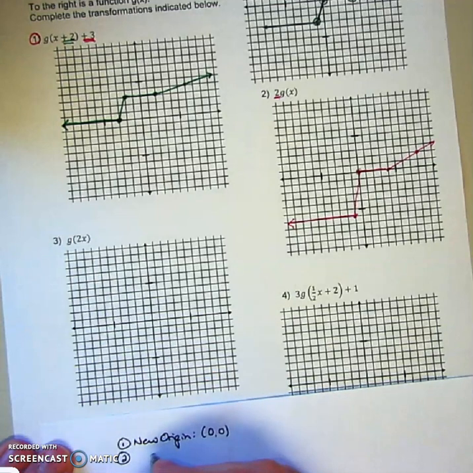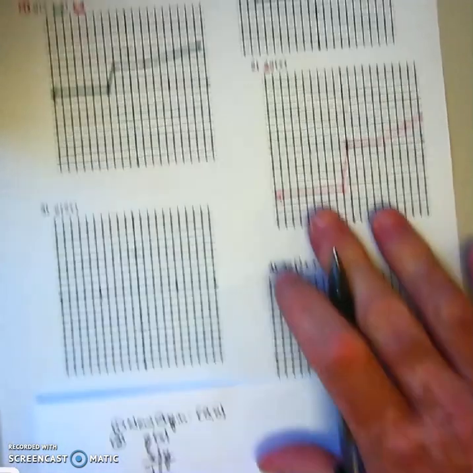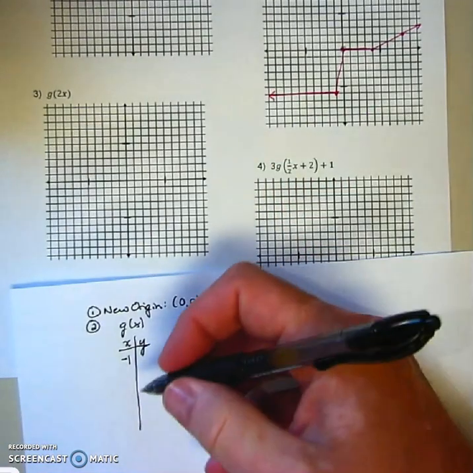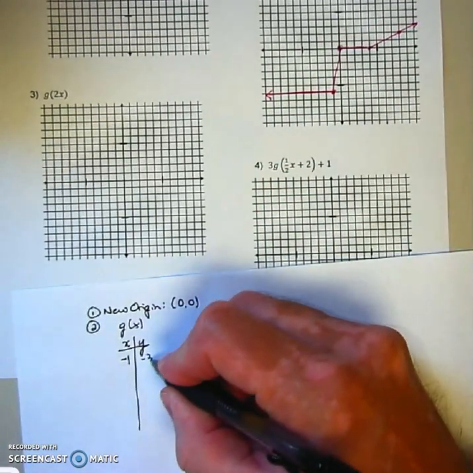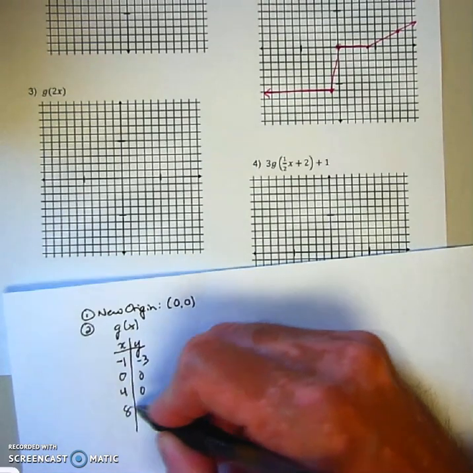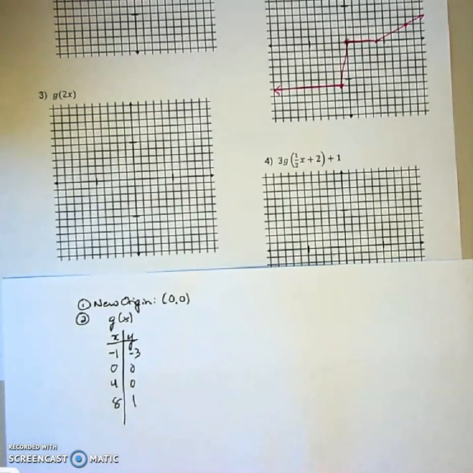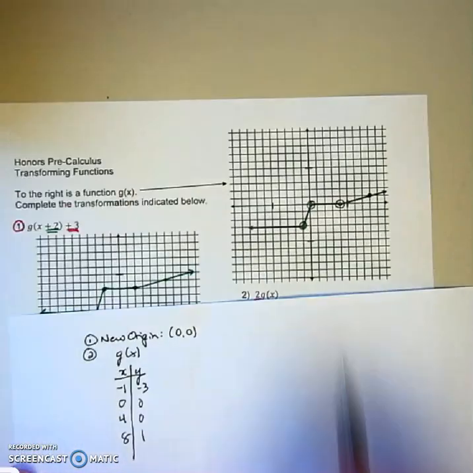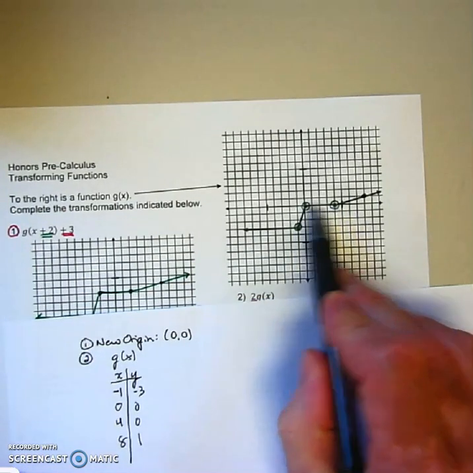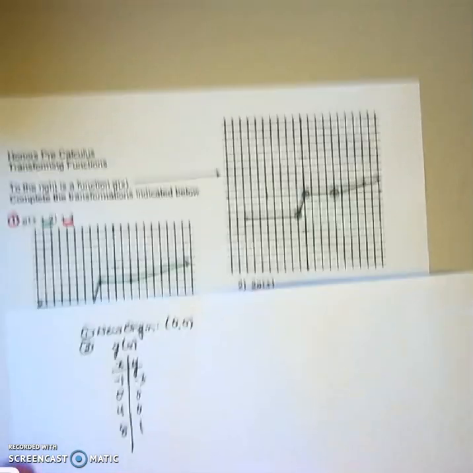And when we define g of x in terms of its movements, we know that we have the same points: -1, -3, 0, 0, 4, 0, 8, 1. And again, we're not using our starting lineup of -2, -1, 0, 1, 2, because it just doesn't make sense here. The points that I care about are these significant corners where the graph is changing.